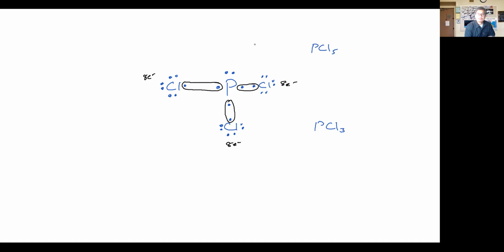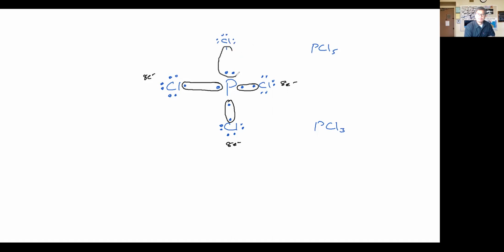There is an option that some folks take, and they think, well, why can't we just take a chlorine here and have a coordinate covalent bond form between phosphorus and that chlorine?